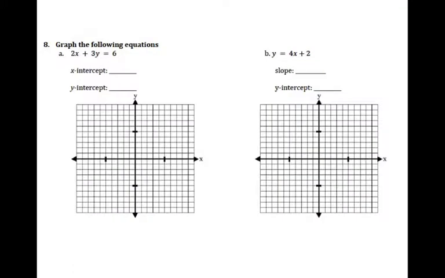All right, moving on to graphing. So letter A is doing the x and y intercepts, which we just did. So I'm going to go ahead and set up my two equations. I'm going to do 2x equals 6 for my x-intercept, because again, my y portion is going to disappear since I'm plugging in 0. So I get x equals 3.